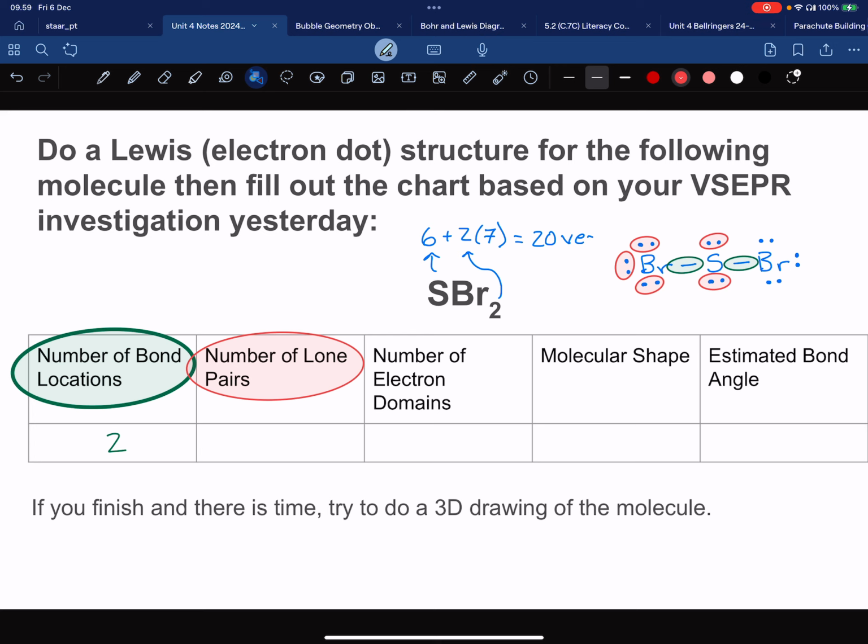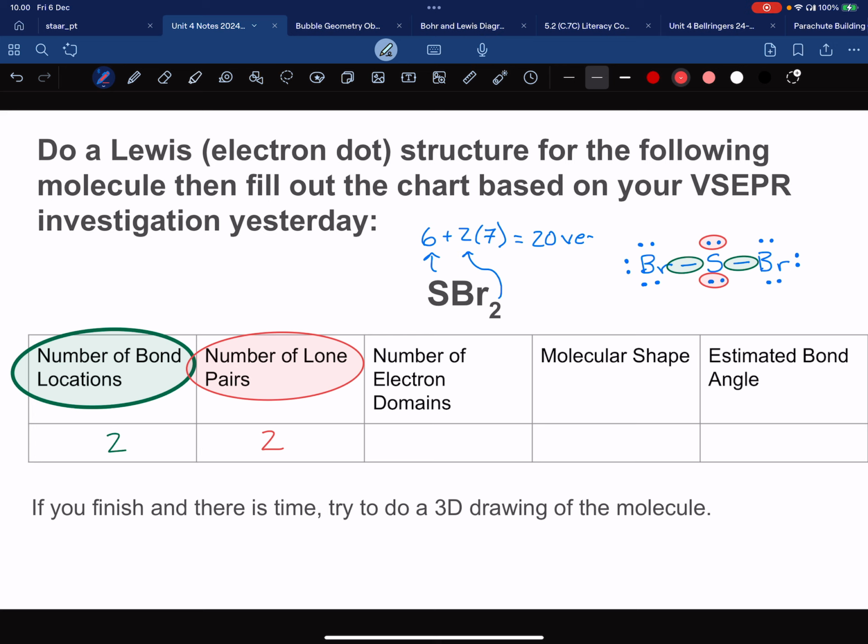Oh, I'm sorry. I apologize. What am I thinking? Lone pairs around the central atom, because that's all that counts on valence shell electron pair repulsions. Apologies. So I'm only looking at this guy here. All right. Lone pairs, number of lone pairs. 1, 2. So I've got 2 pairs of lone pairs around the central atom.